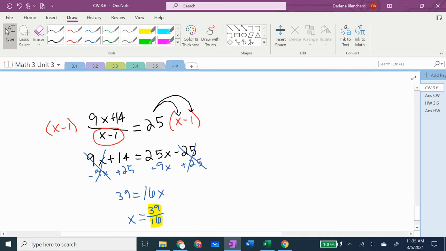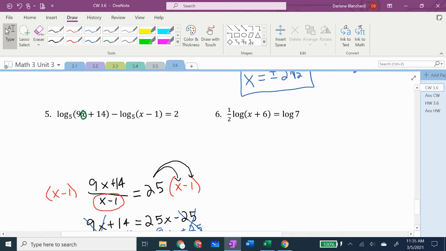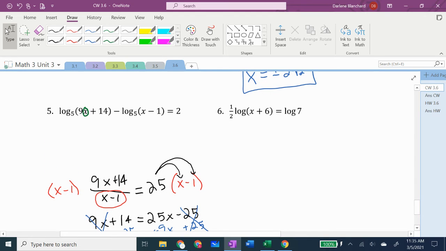If I take the positive number 39 over 16 and I plug it into this x, can you see that a positive number times 9 plus 14 is a positive number? You don't need to go fully through a check of, am I getting this right?